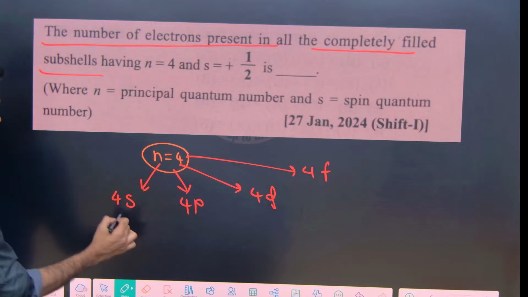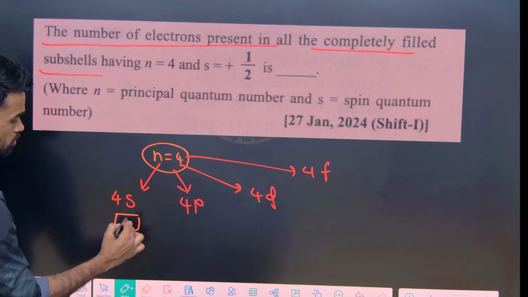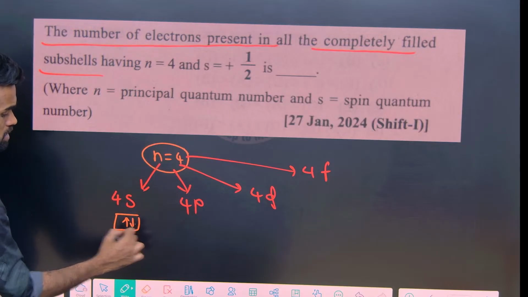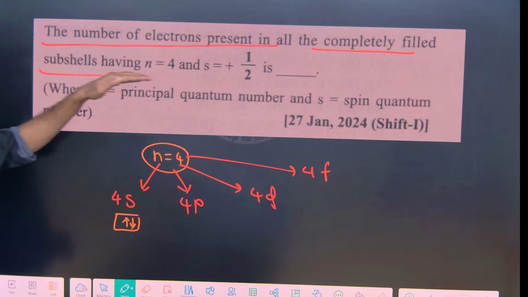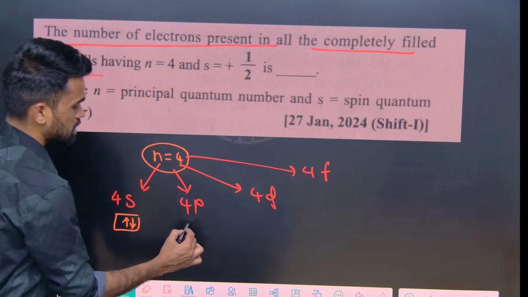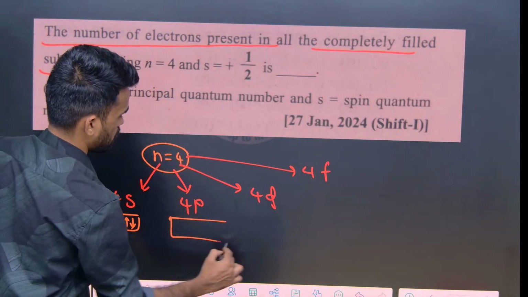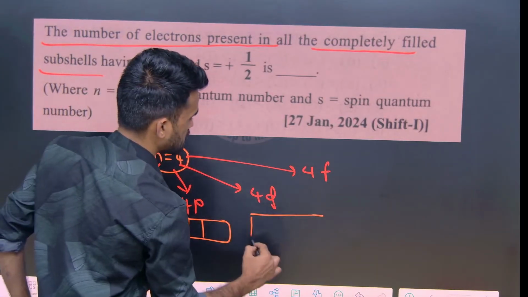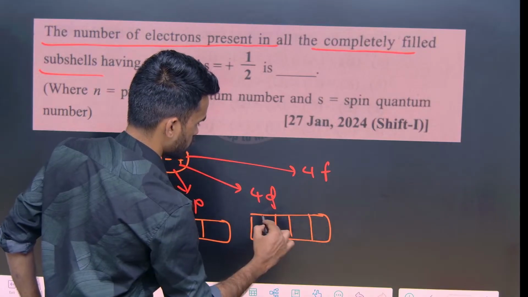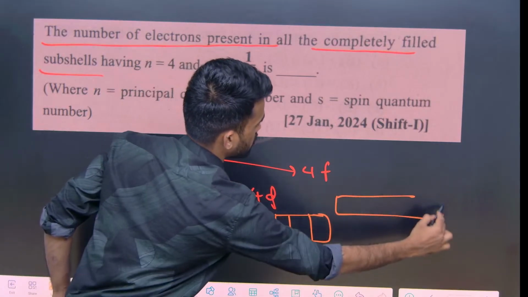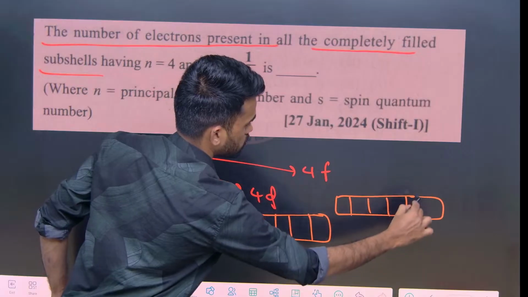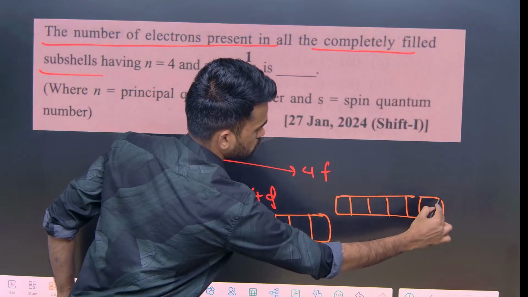Now s has one orbital. p orbitals are 3, d orbitals are 5, and f orbitals are 7.